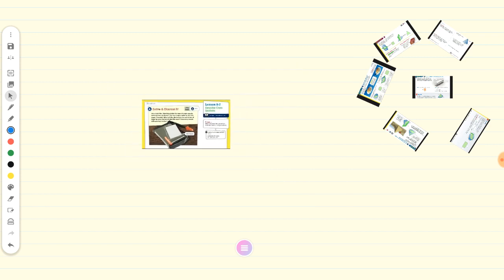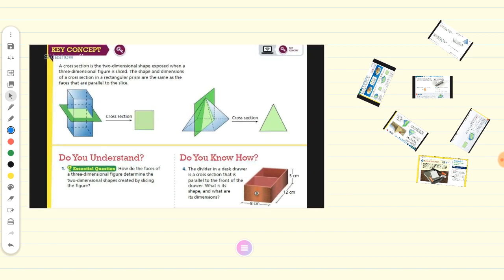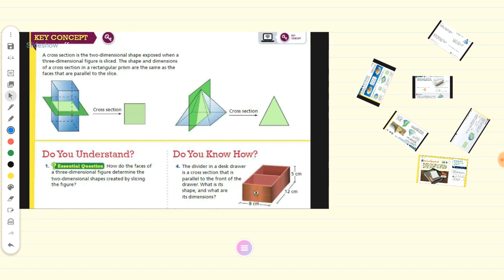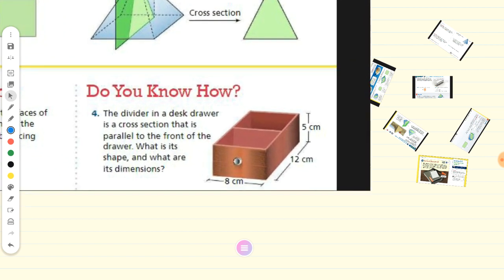If I have a drawer like this one, this is a drawer, exercise number 4 here. I need to divide it into two parts from inside. So the divider in a desk drawer is considered a cross-section.